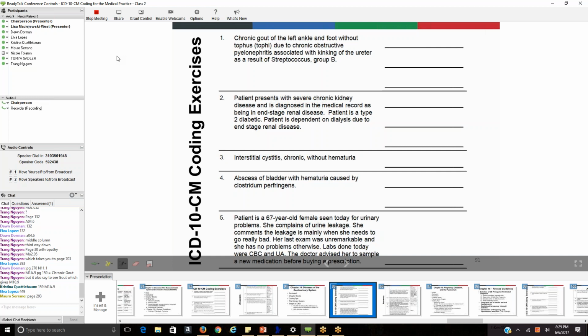And then page 293 takes you to the Streptococcus, and it takes us to B95.1, Streptococcus group B. So let's take a look at the N11.1 code.